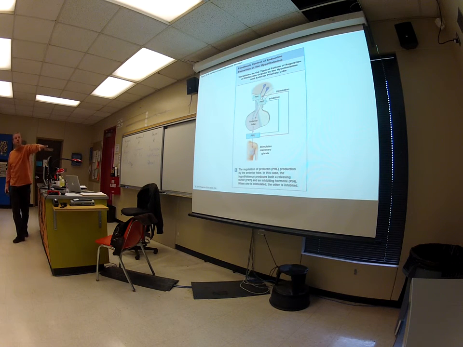The regulation of prolactin production by the anterior lobe. In this case, the hypothalamus produces both releasing factor and inhibiting factor. When one is stimulated, the other is inhibited. Release, inhibit, release, inhibit. That's all we're going to keep doing. It's a cycle.